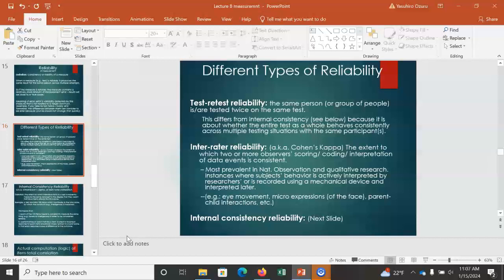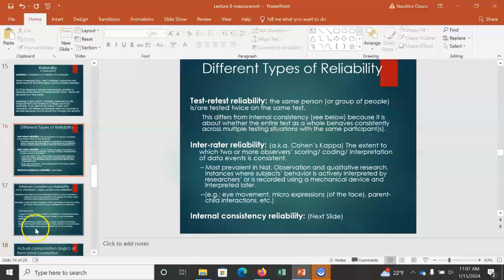If person A, I'm the researcher, and person B, you are the researcher, interpret the person's emotion differently, that means it's not reliable. So inter-rater reliability needs to be measured, and this is usually measured using the index called Cohen's Kappa. And then finally, internal consistency reliability, which is a little complicated.